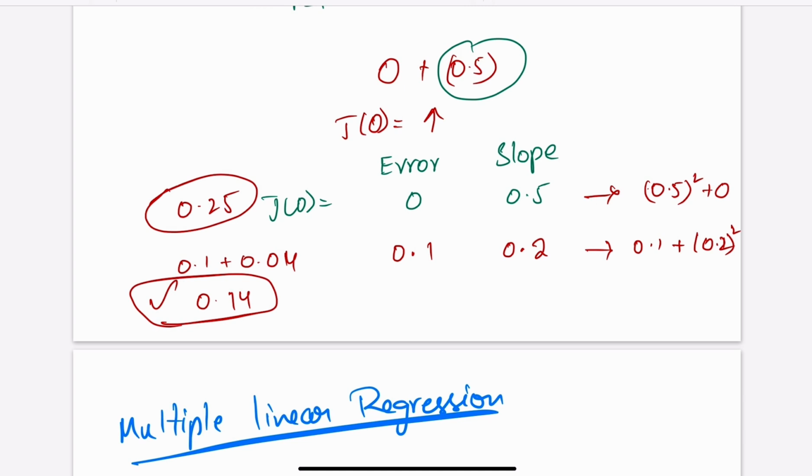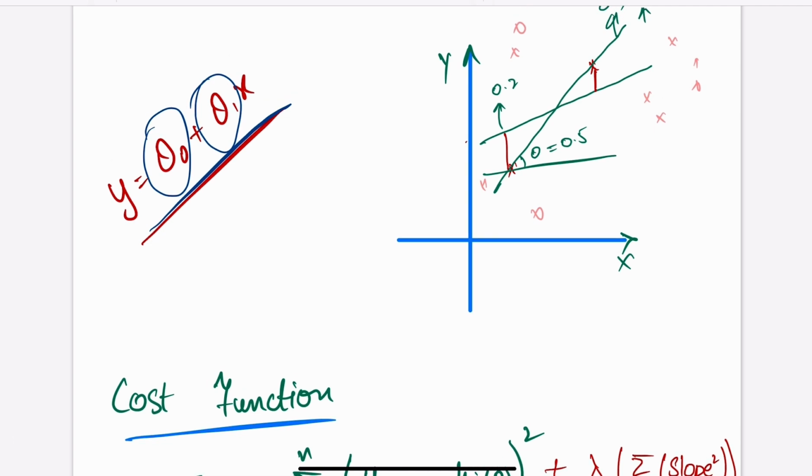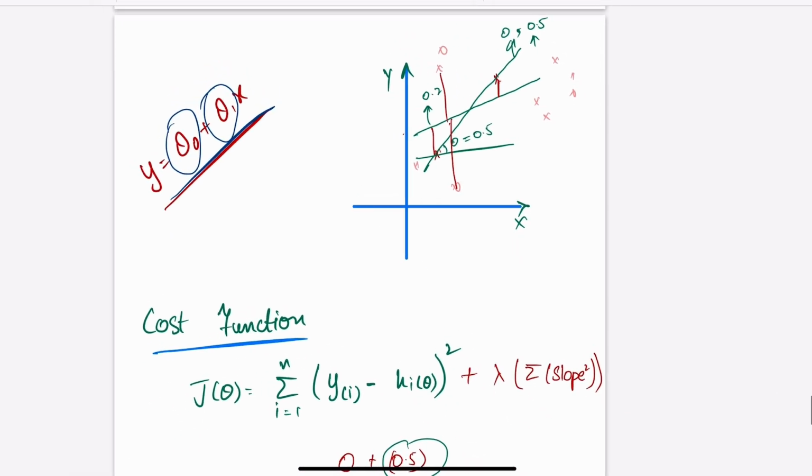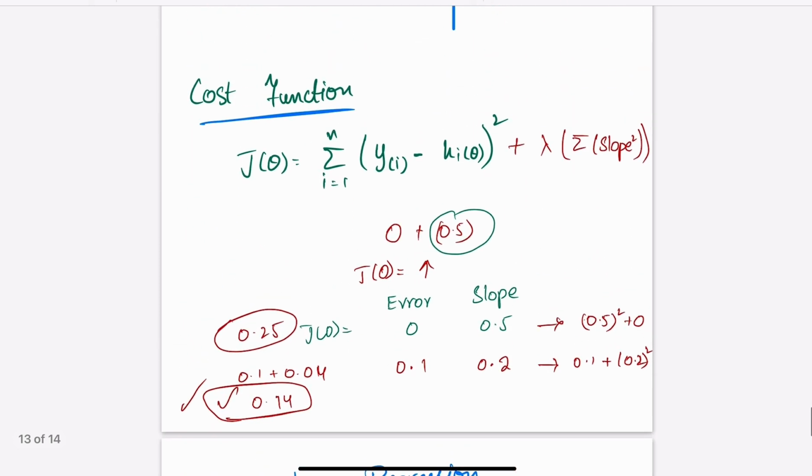Of course, our model will select this and draw the best fit line as this. Now that you have a bit generalized model, when the test data comes into the picture, the error will be a little bit less when compared to this. That's what you are trying to achieve in ridge regression.